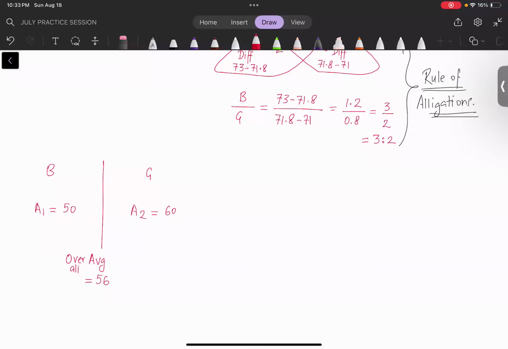Sakib, never say 6:4, always simplify. 2:3, 3:2. I'm saying boys to girls.